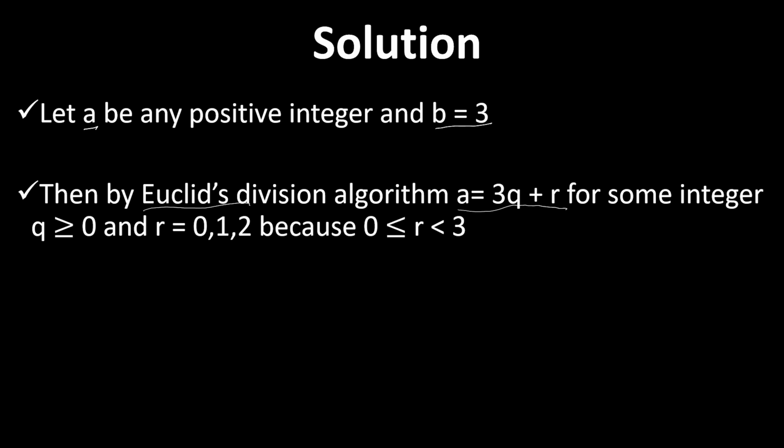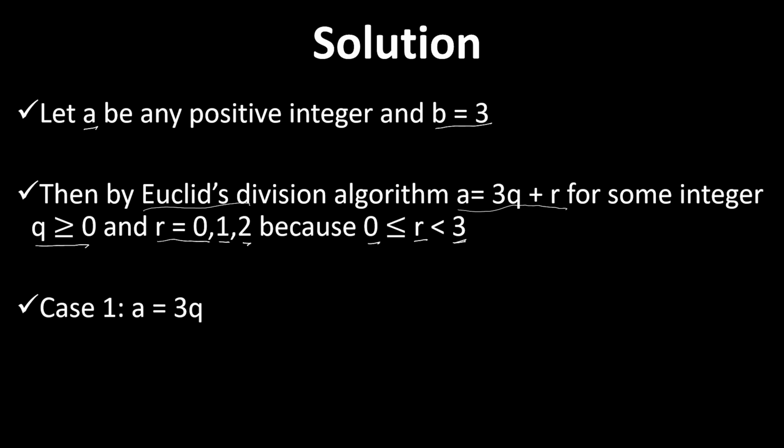Q, the quotient, is an integer greater than or equal to 0. The possible values of remainder r are 0, 1 and 2, because according to the condition, the remainder has to be greater than or equal to 0 and less than the divisor, 3.